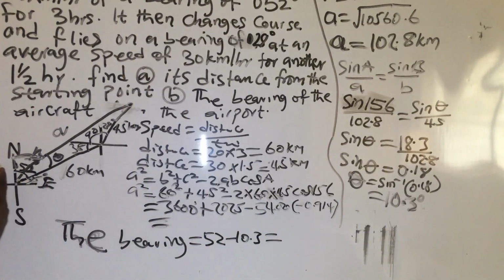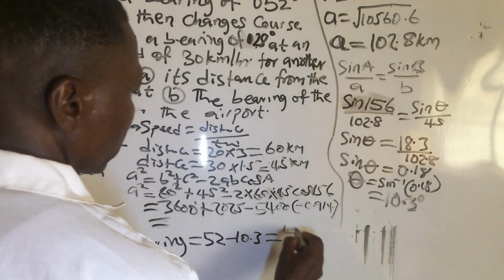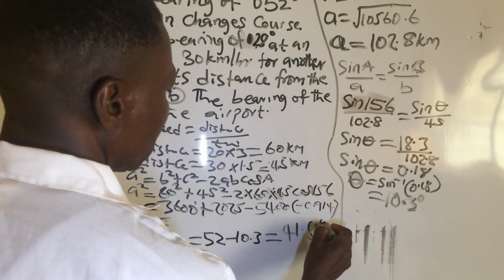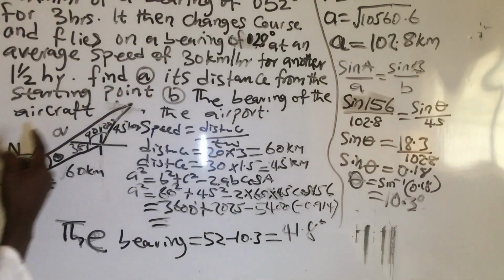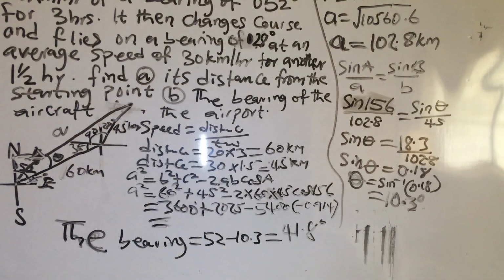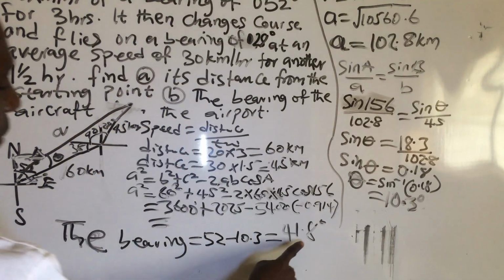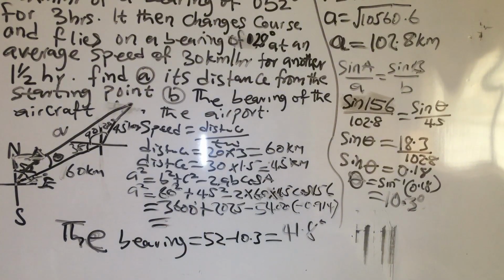The final answer becomes 41.8 degrees. That is the angle from here to here which they're asking. The bearing of the aircraft from the airport is 41.8 degrees.